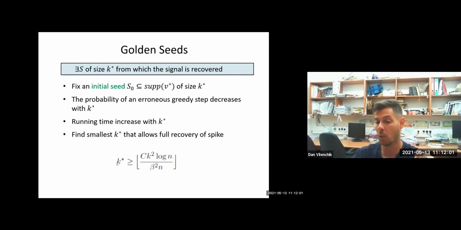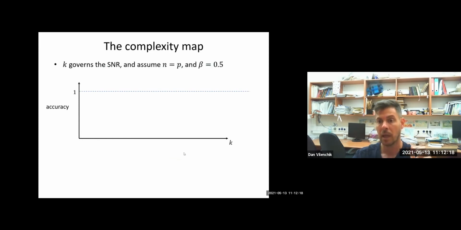So again, some lower bound. K star has to grow proportionally to K, to N, to beta. Here, again, I assume that P and N are the same. So it has to grow proportionally to these parameters, and it's better to see it graphically.